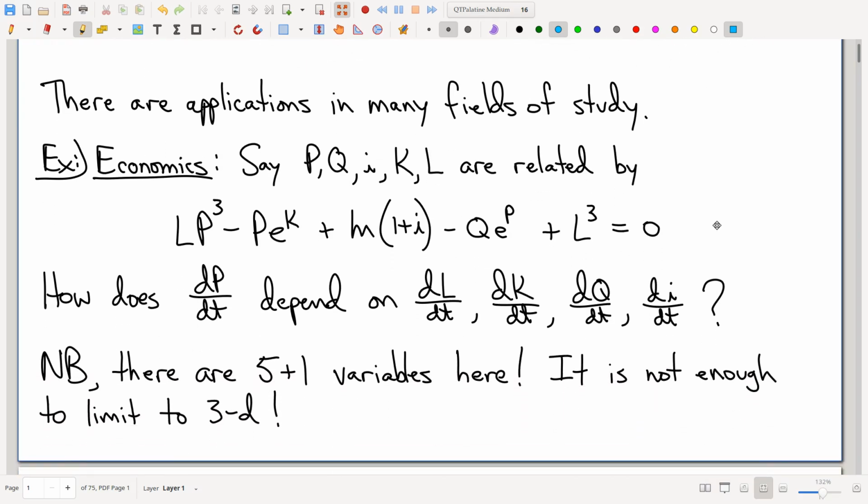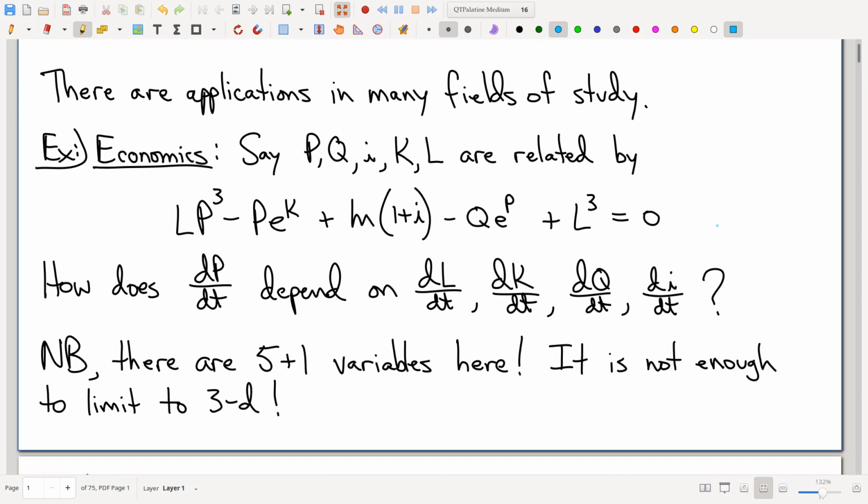Okay, so those were just the low-hanging fruit. And to address the concern that maybe who really cares about rocks, I don't really care about the temperature in the room, whatever, I like to show you some examples from specific fields of study.